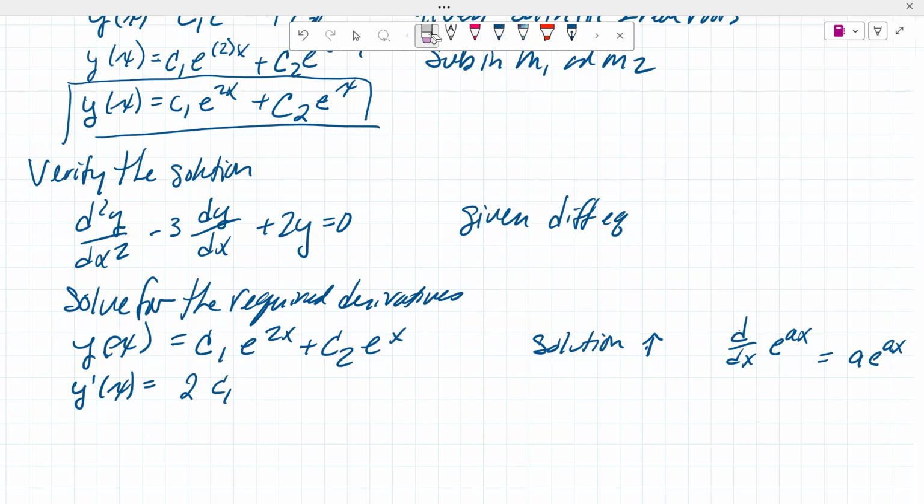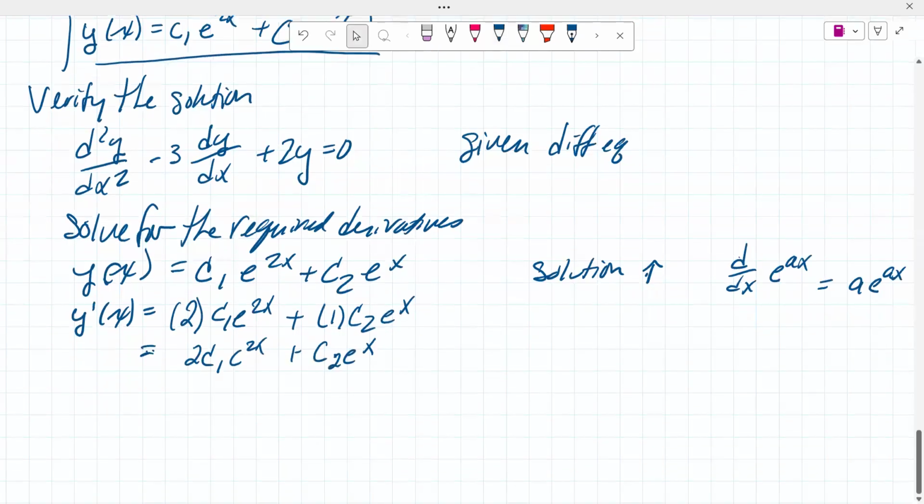Let me be a little more consistent here. So 2 is the coefficient. That's 2 times c1e to the 2x plus, now what's the coefficient here? Well, the coefficient is 1. c2e to the x. So that's our first derivative: 2c1e to the 2x plus c2e to the x. All right, good.